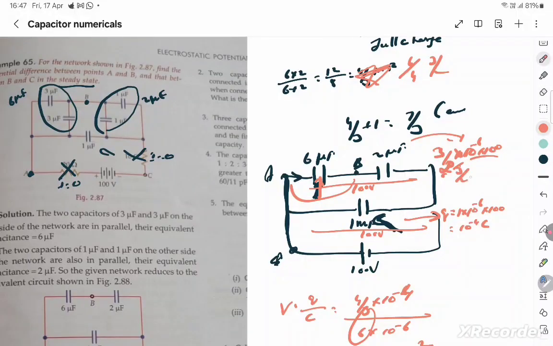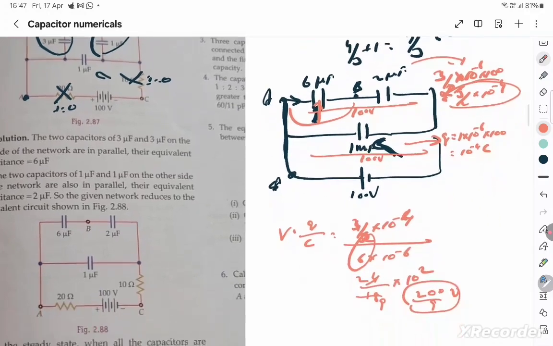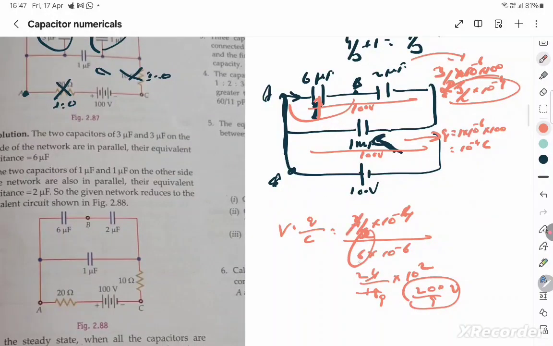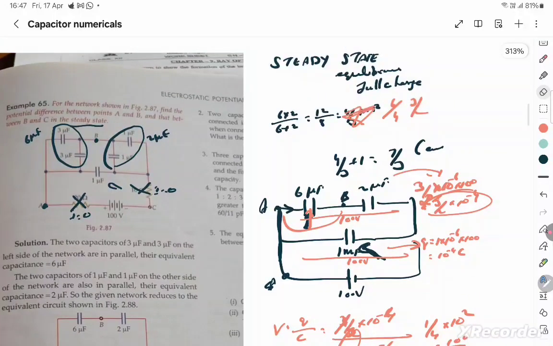So this is 3 by 2 into 10 to the power minus 4, the charge flowing through. Dividing it by 6, this is 1 by 4 into 10 to the power 2, 100 by 4, which is 25 volts. I hope you're clear. I made a calculation mistake there. So that's about 25 volts, and that's the potential.